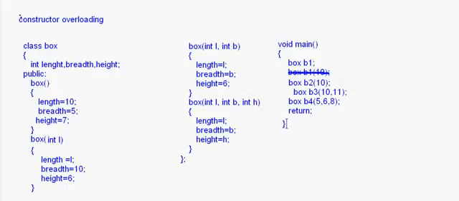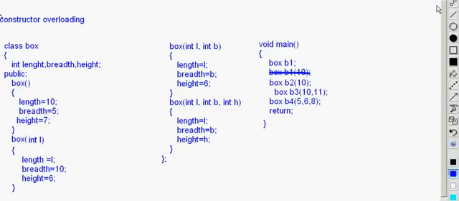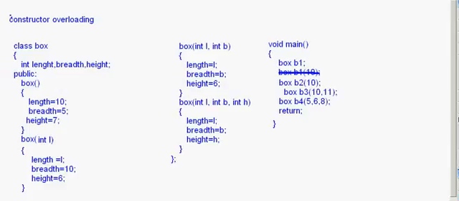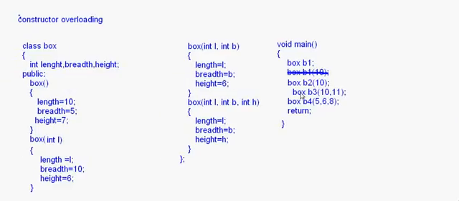Okay, now let's try to understand how these constructors are invoked. Now first of all, this is box B1 here. After this B1 there are no parameters given, so this is the first one which is going to invoke this constructor, right?